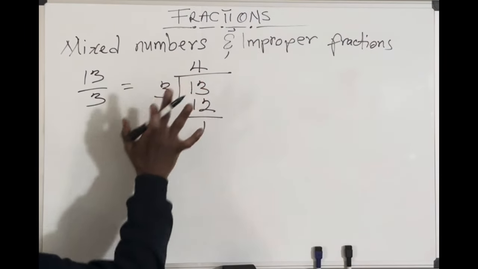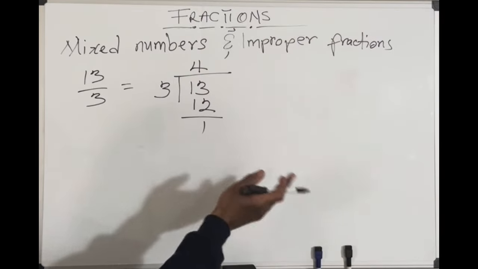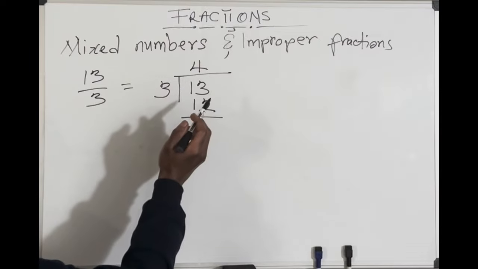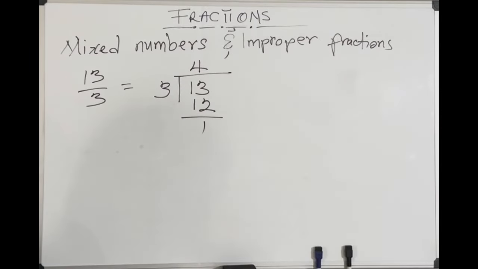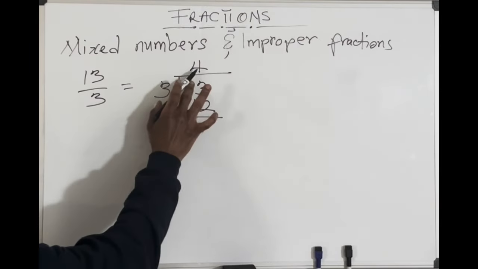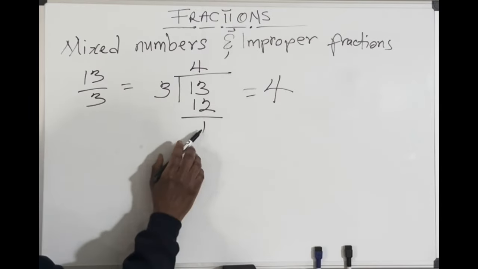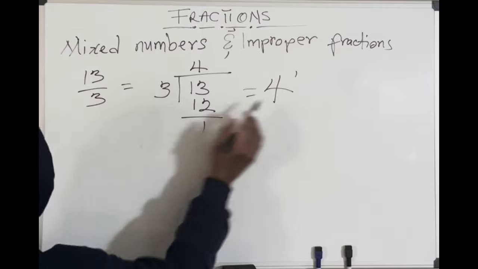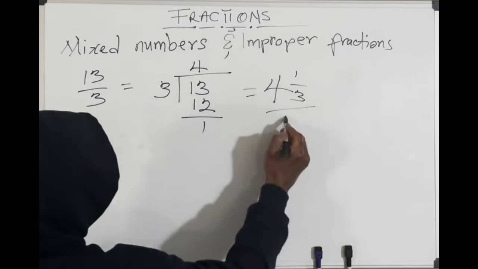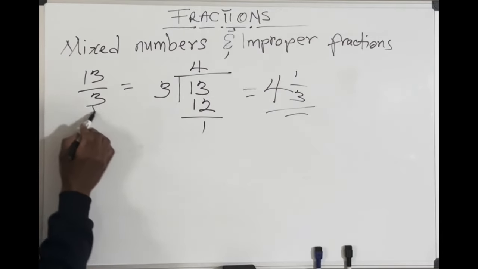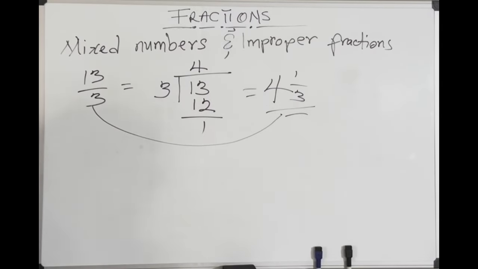We will not continue working it out. So the final answer will be 4, and then this 1 will come here, over the 3. We've turned 13 over 3 to a mixed number, which is what? 4 whole number, 1 over 3.